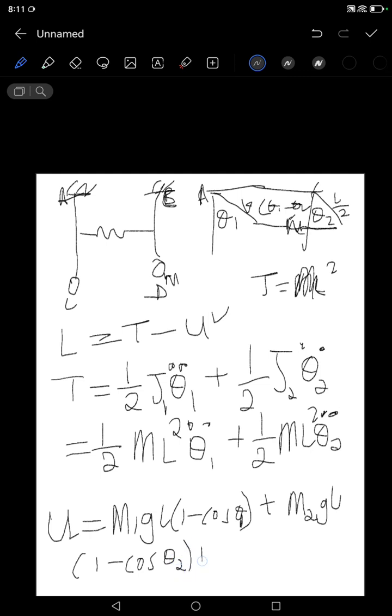Plus, remember, we have a stiffness, and this stiffness is in between two light rods, and our length here is L over 2.